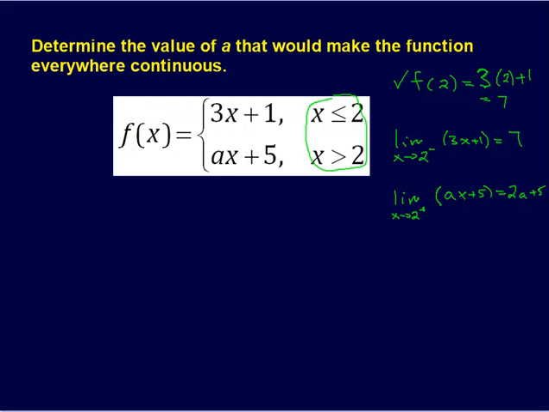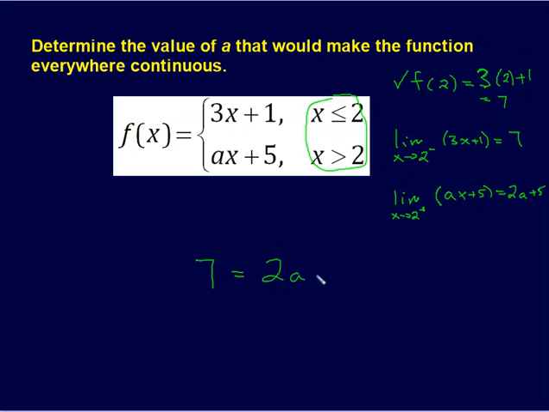Now, the definition of continuity says the value of the function and then the limit from the left and right had all better be the same. Two of them already are the same, so what I need to make sure of is, in order for this to be continuous, the limit from the right, which is 2a plus 5, has to equal the limit from the left.